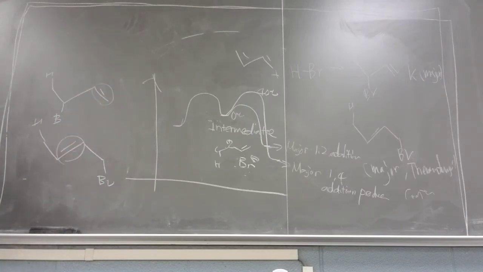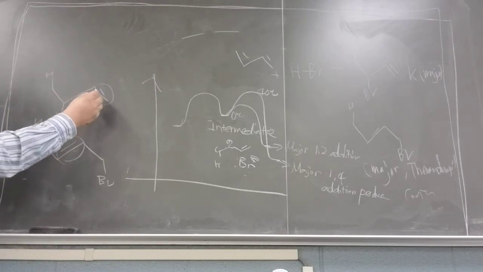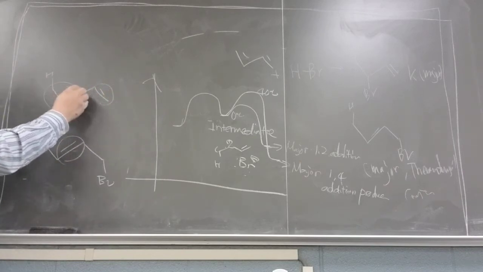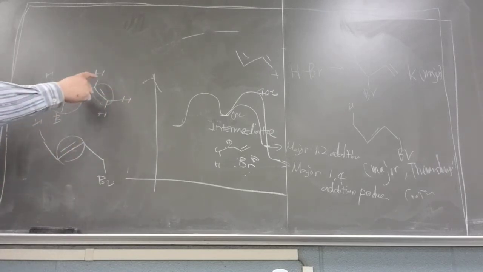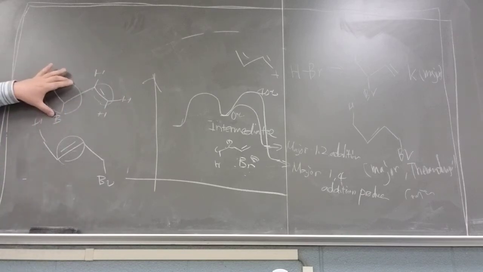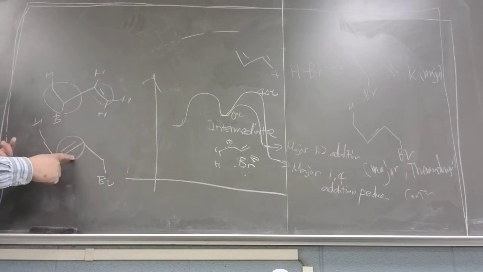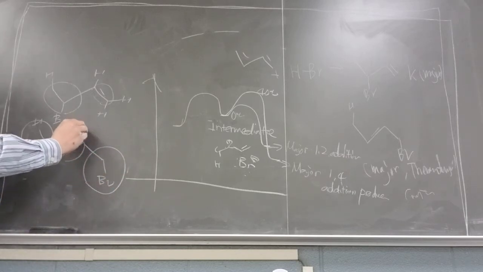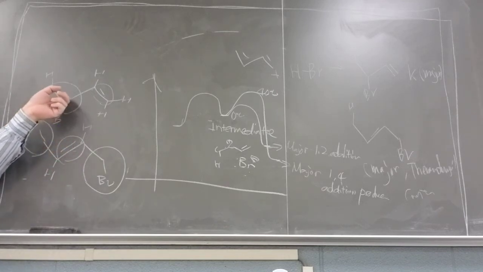If you look at this one here, this one is in the terminal carbons. So the substitution degree of this double bond will be just 1. Over here, you see 3 hydrogens and then 1 R group attached to this double bond. But if you switch the double bond here, the good benefit is you're going to have 2 R groups and 2 hydrogens. So this is more substituted than this one.